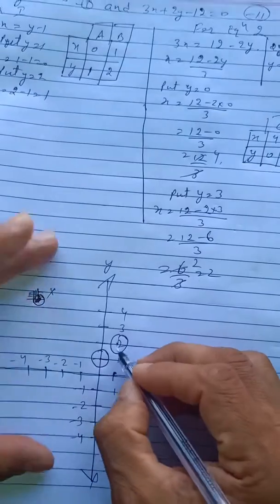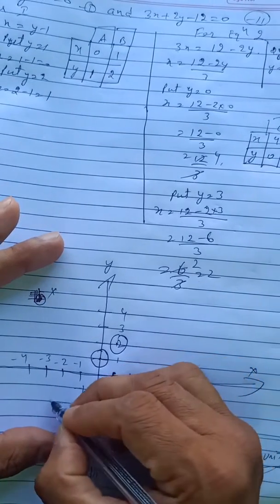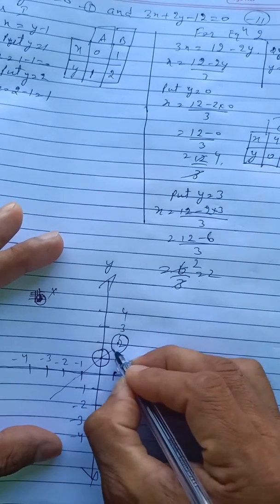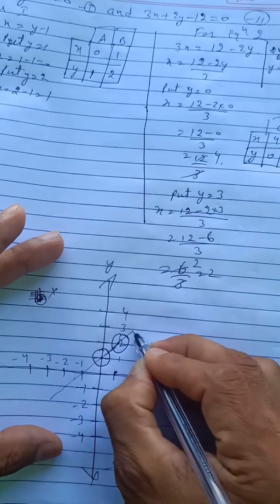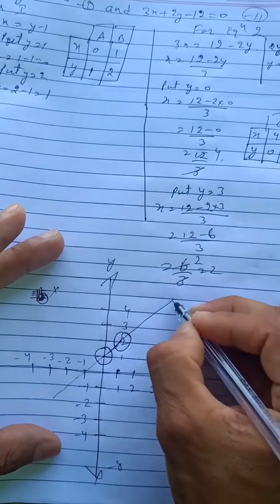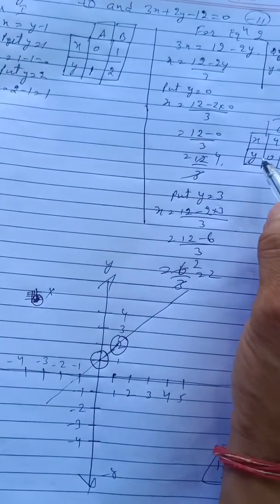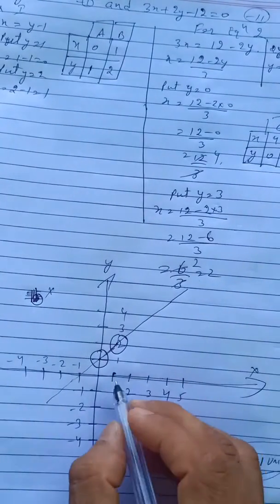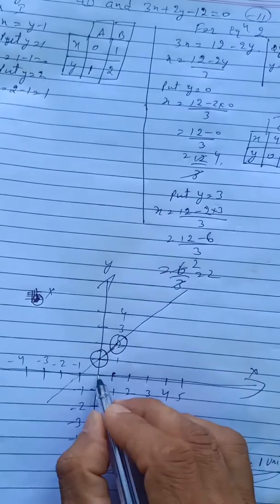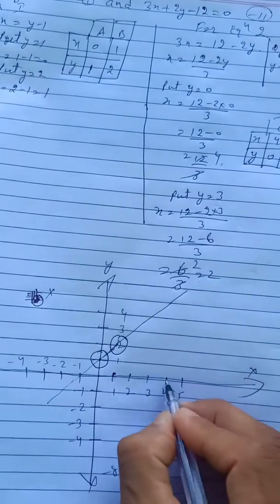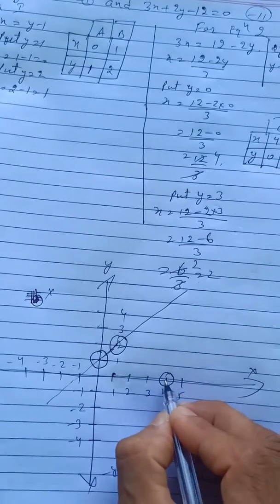These 2 points, we have to join with a scale, making a straight line. Again, x 4, y 0 is this point.